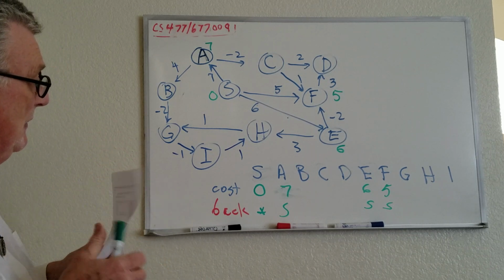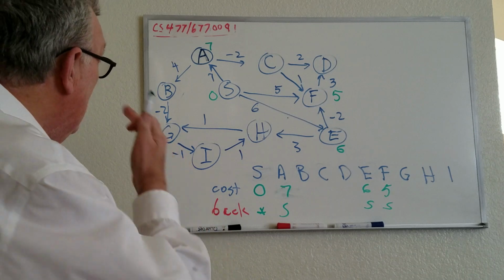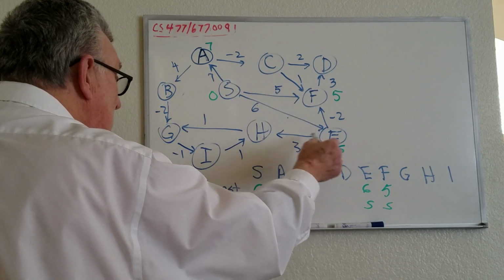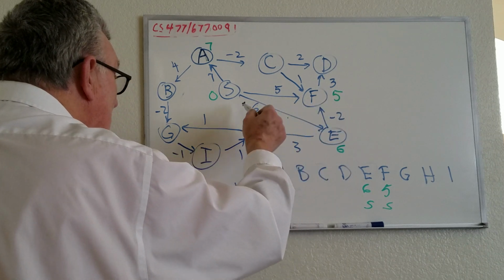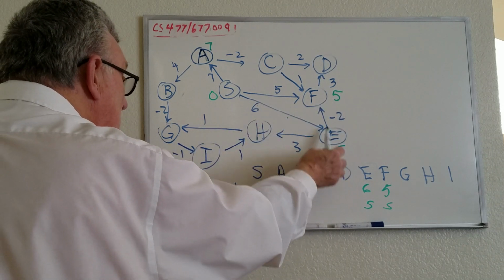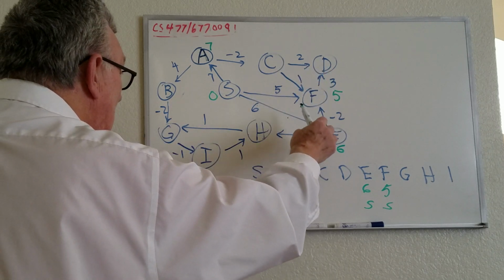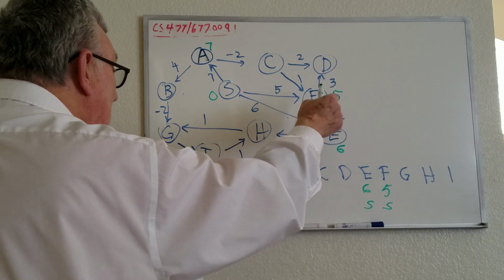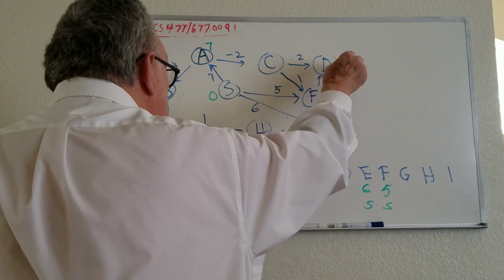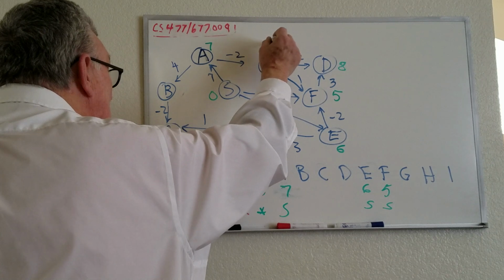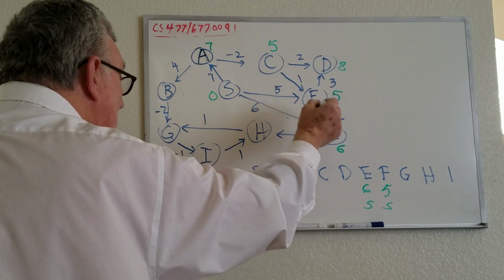All right, now, when we update again, we're going to use more edges because we'll use these and also the ones coming out of E and the ones coming out of F. So when we update this edge, we get 8 here. And we update this edge, we get 5, because 7 plus minus 2.